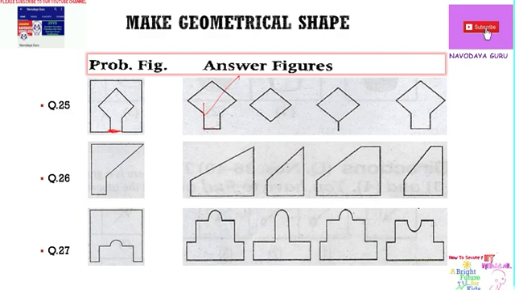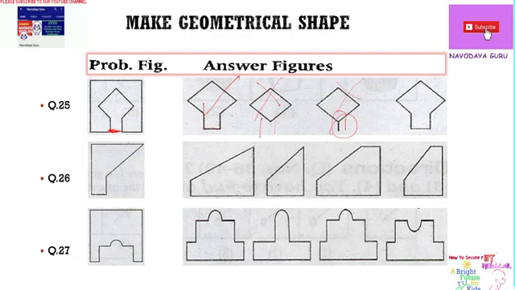In option 2, we can see that this portion is not available, so this is a wrong option. In option 3 this lower portion is mismatching, so this is rejected.